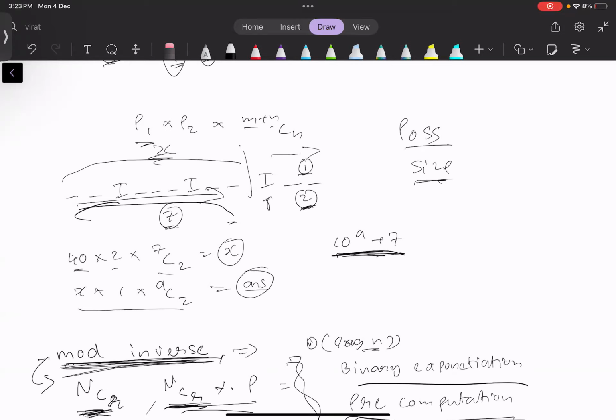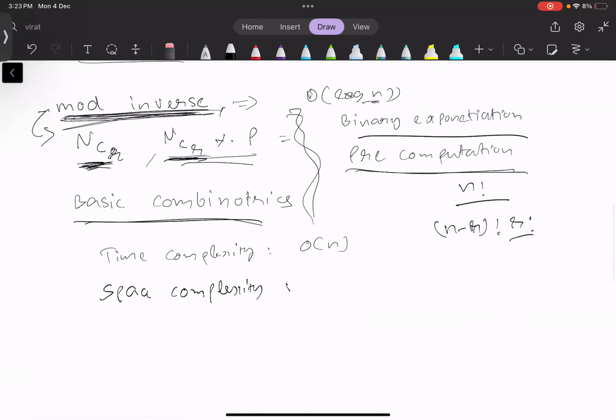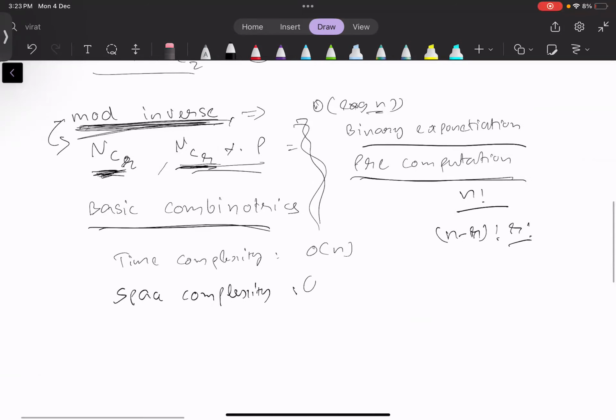Every time we take another sequence into consideration, we use these previous values and update them. So the work will be done with two variables only. No extra space will be required, so we can just say this is O of 1.